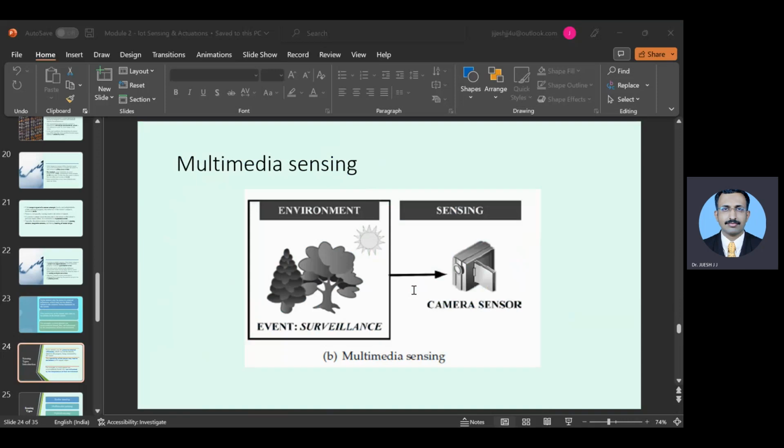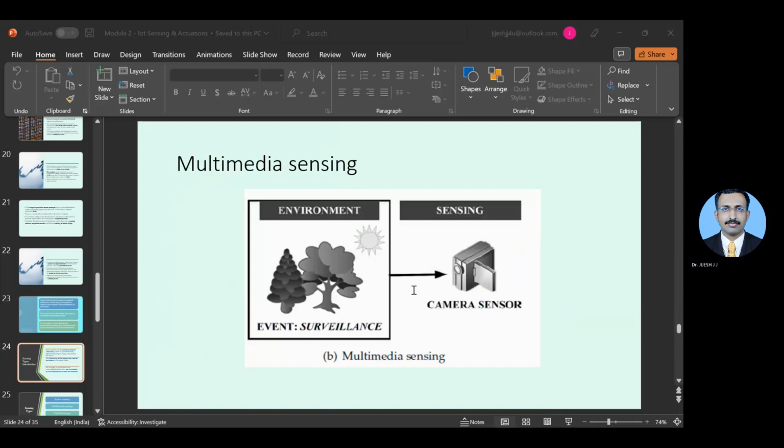For example, around 2020, you could see drones flying to monitor whether the crowd is too much or not. Those all come under multimedia sensing. You can make sure whether the crowd is there or not: at this point it is low, at this point it is less.